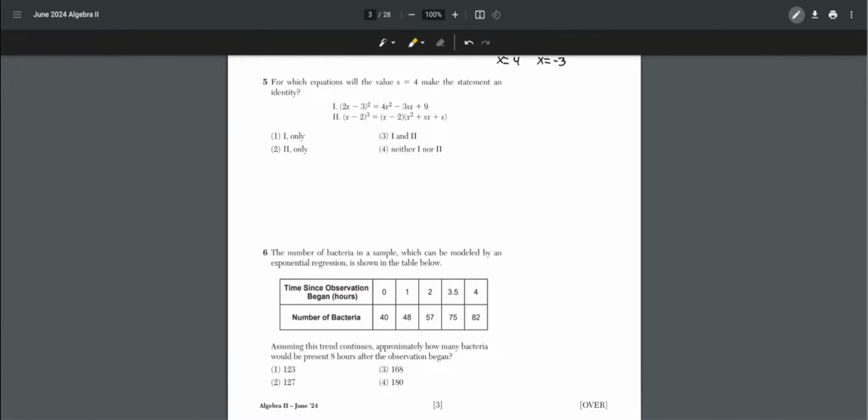Number 5. For which equation will the value s equal to 4 make the statement an identity? 2x minus 3 times 2x minus 3, which is 4x squared minus 12x plus 9.